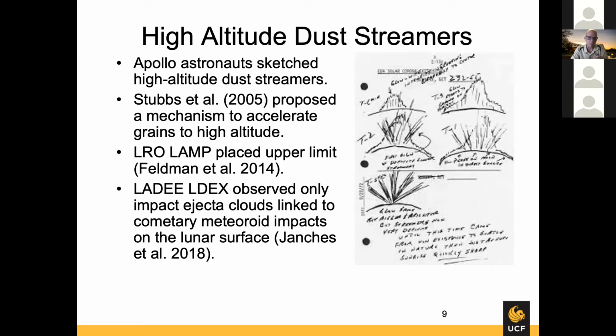The Lunar Reconnaissance Orbiter ultraviolet lamp instrument looked for it, only was able to place an upper limit. The LADEE mission with the LDEX dust detector flew close to the lunar surface, measuring dust at some altitudes of tens of kilometers, and they detected impact ejecta clouds, which they could link to cometary meteoroid impacts, but not these spontaneous streamers of dust coming off the surface.